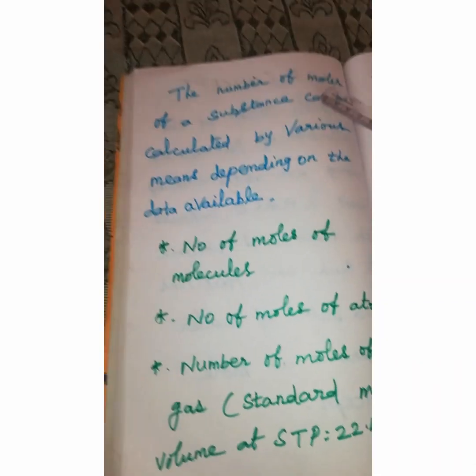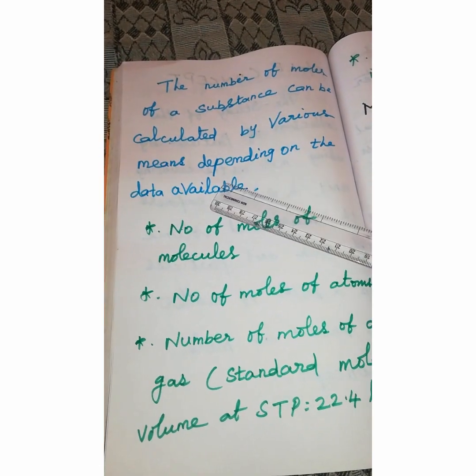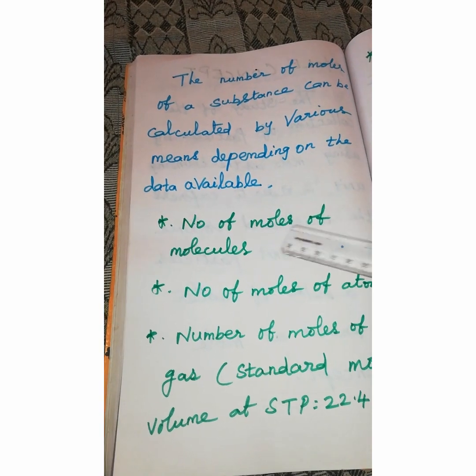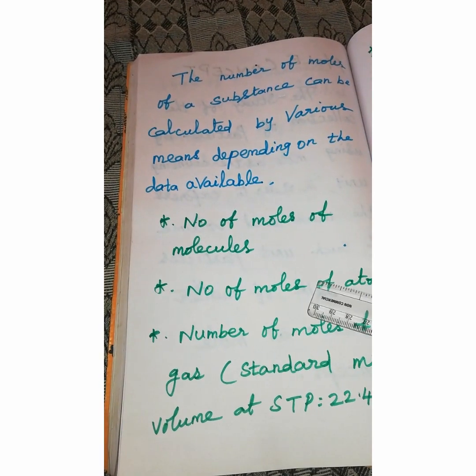The number of moles of a substance can be calculated by various means depending on the data available. What are the data available to find the number of moles of a substance?